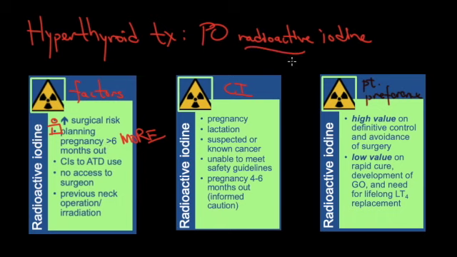Well, I think radioactive iodine kind of speaks for itself. We could also use this if there's contraindications to anti-thyroid drug use, so maybe they had a reaction to those. Also, this is another one where a rural patient might try to use this, and same sort of thing with the anti-thyroid drug, where it might not be a good idea if they've already had neck surgery.